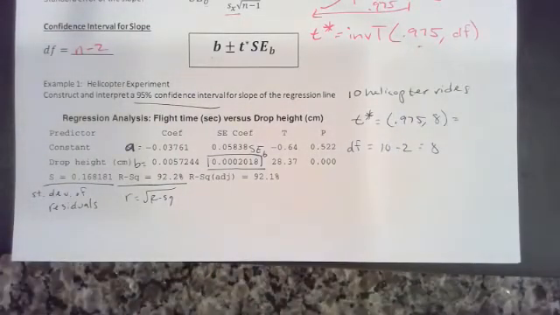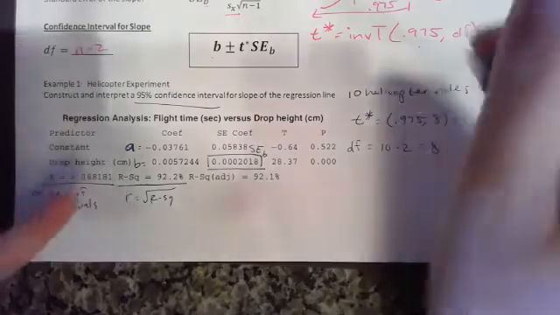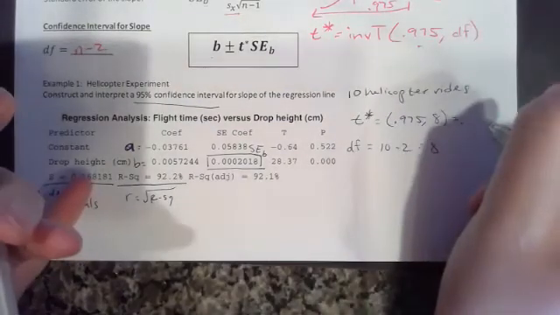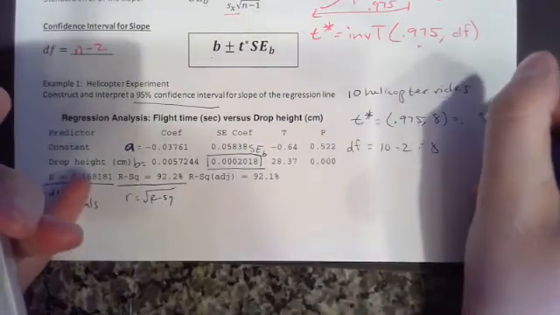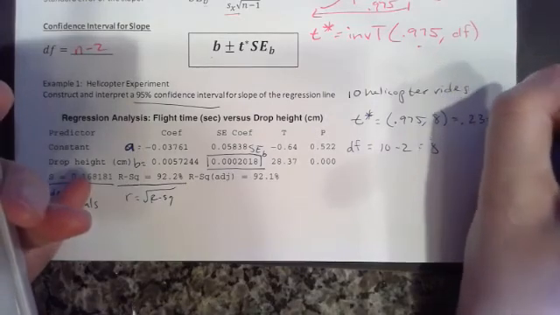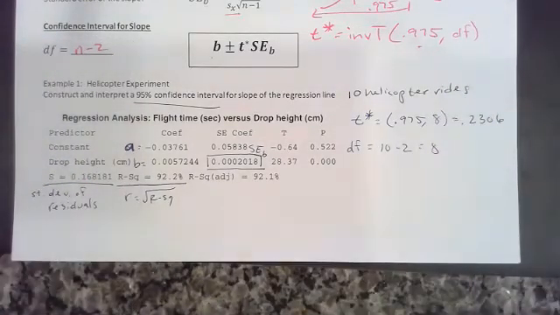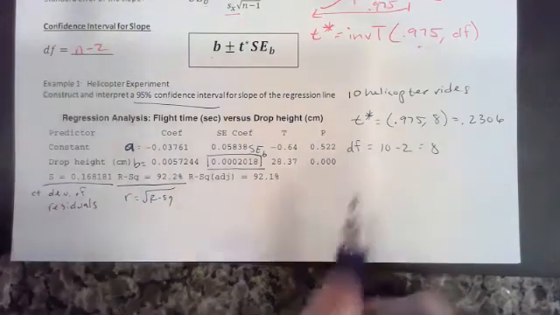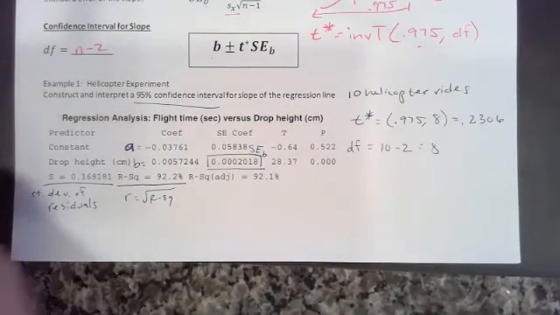And I'm going to type that into my calculator. And I get 0.2306. All right, so we got my t star, and I got my degrees of freedom here.